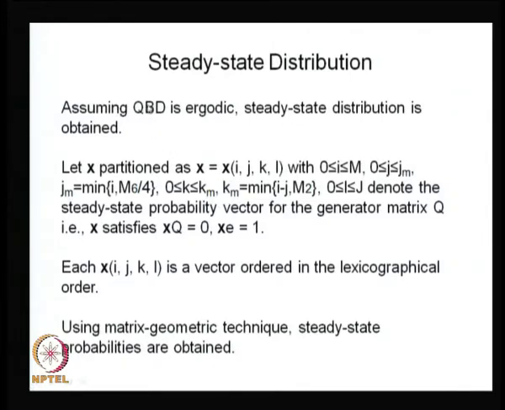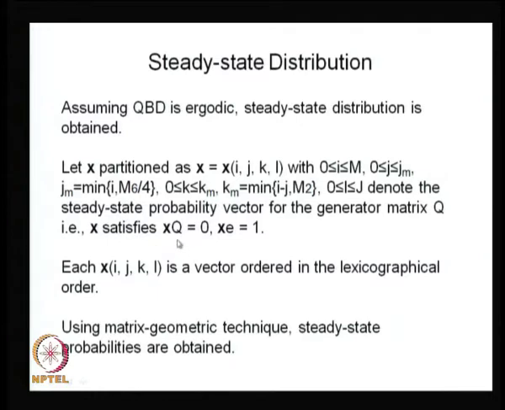Here I am making the assumption that the quasi birth death process is ergodic, therefore the steady state distribution exists. This is a generalization of the birth death process, therefore whatever steady state conditions you need for the Markov chain, the same conditions you can cross check. So, this QBD is ergodic, therefore a steady state distribution exists.